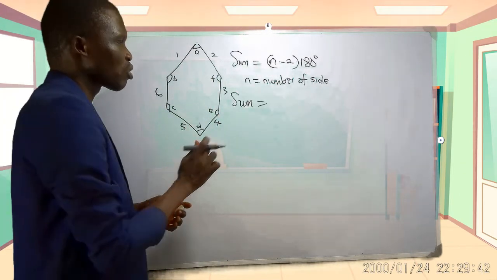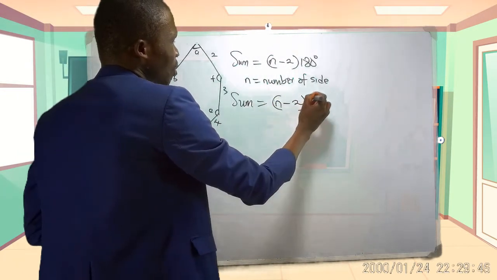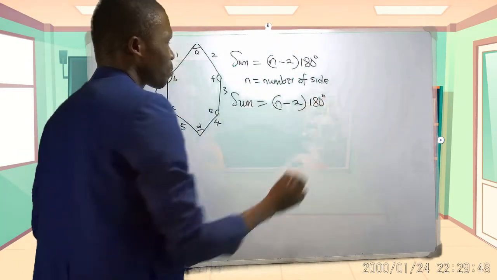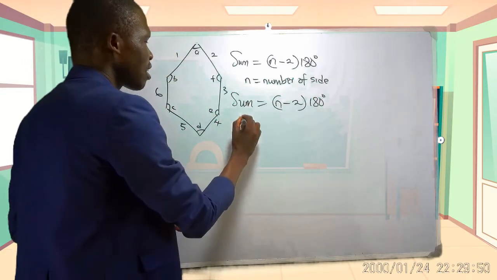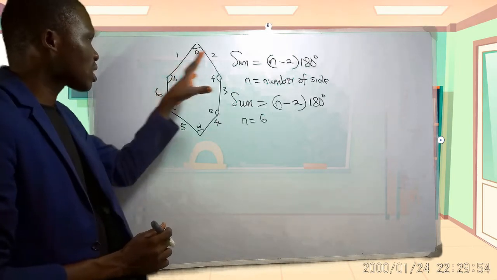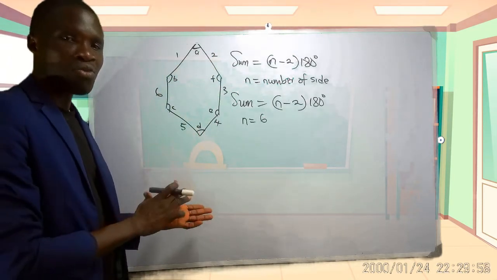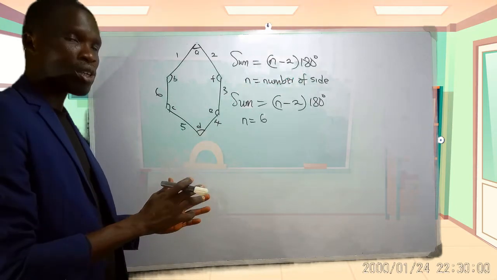So what are we going to do? (n minus 2) times 180 degrees. Now n is 6 because we have 6 sides in a hexagon. That is why you need to learn your table very well, the sides and the polygon.